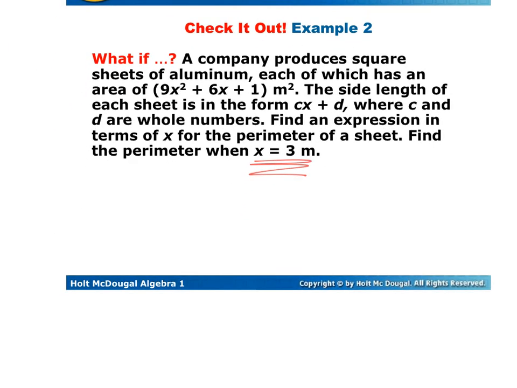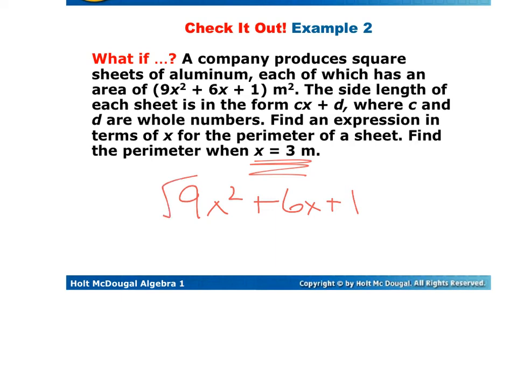A company produces... Okay, so here is another application problem. We have a company that's producing a square sheet of aluminum. Again, notice all of these are squares because remember, when we factor this trinomial, our answer is a binomial squared. It's going to be the same answer twice.